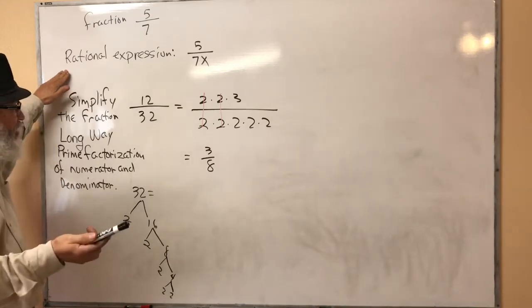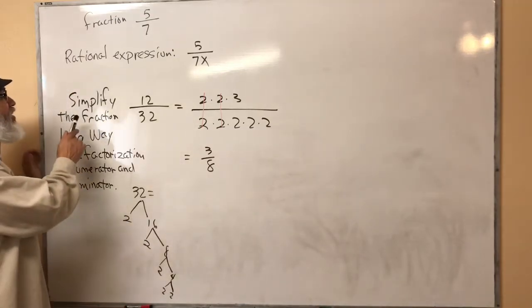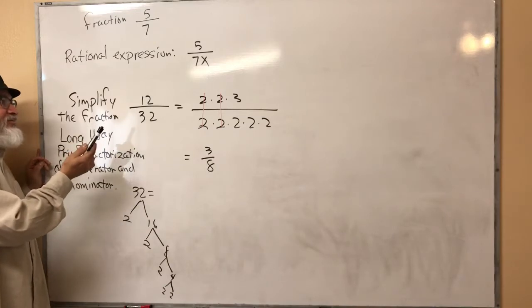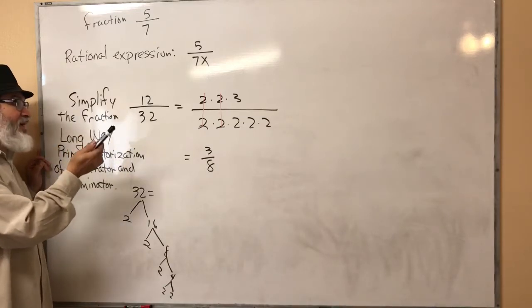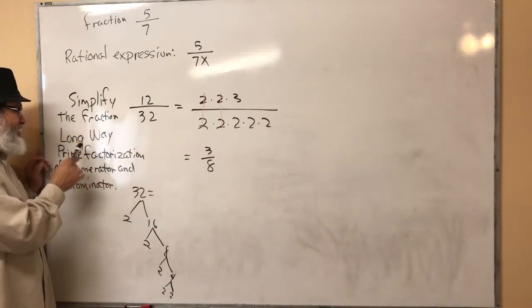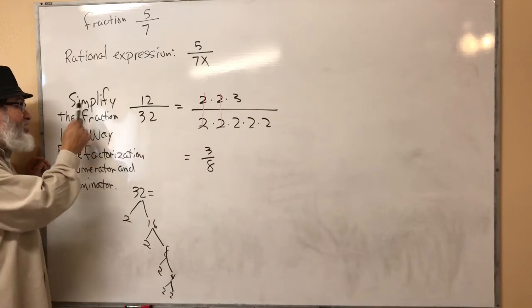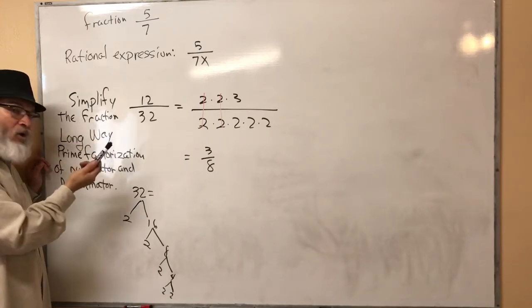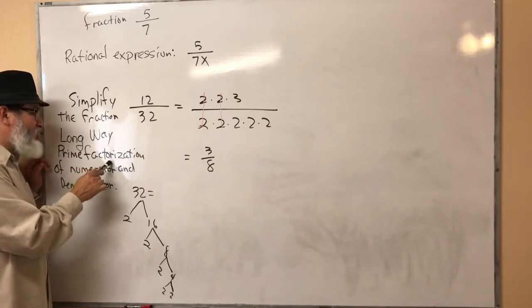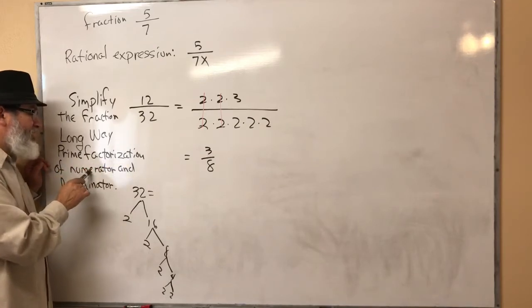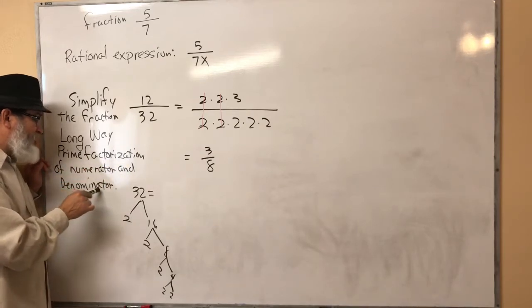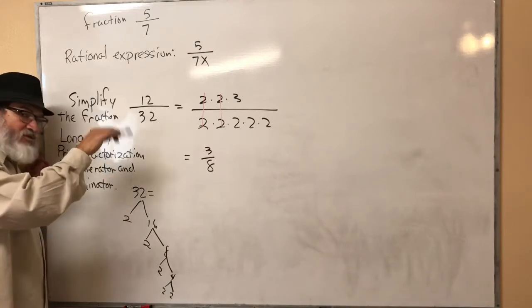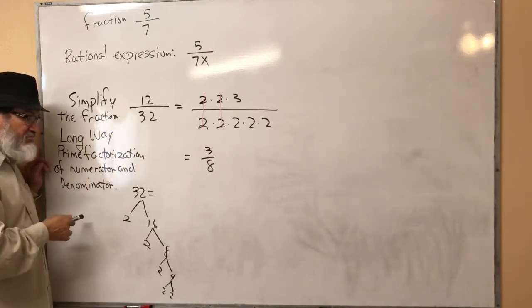What did we learn? We already knew it, but we learned something that we can apply next. The long way, we learned that we can simplify the long way. How? The prime factorization of the numerator and the prime factorization of the denominator, and then cancel common factors.